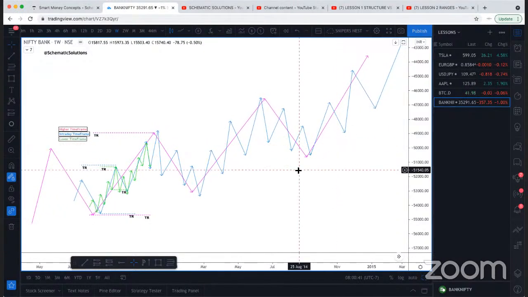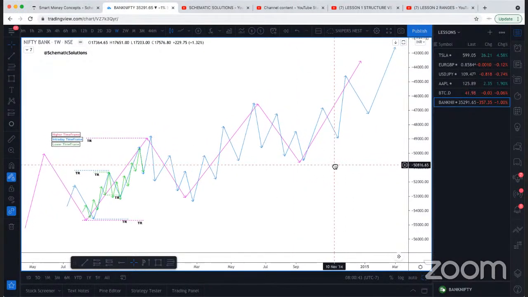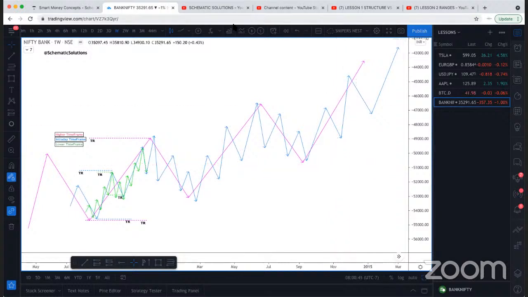Perfect. So we have our uptrend, and inside of that uptrend, we have a fractal trend, an intraday time frame trend, and then inside of that intraday, we have a lower time frame trend.